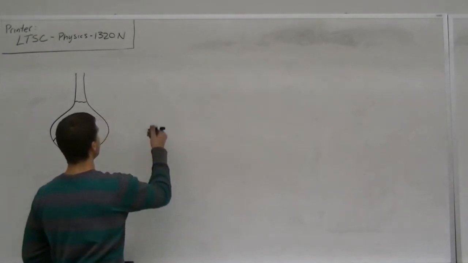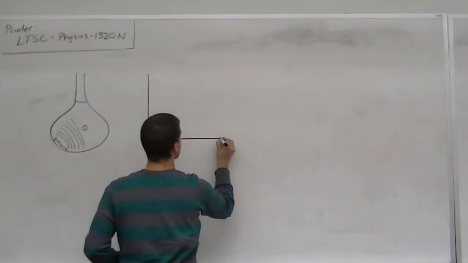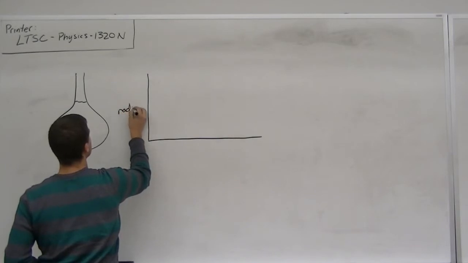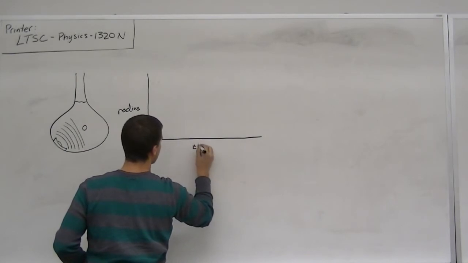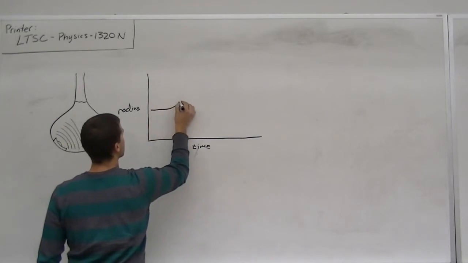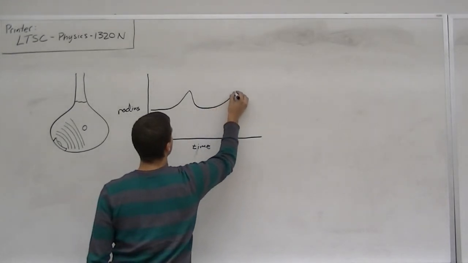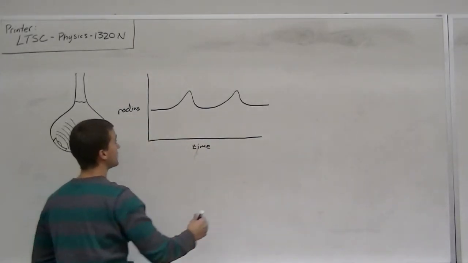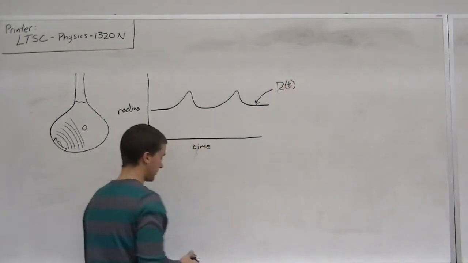So if we have here on this side the radius of the bubble as a function of time, the radius of the bubble looks like this. It grows gradually and then it drops slightly more steeply. And they want to find a function for that line.